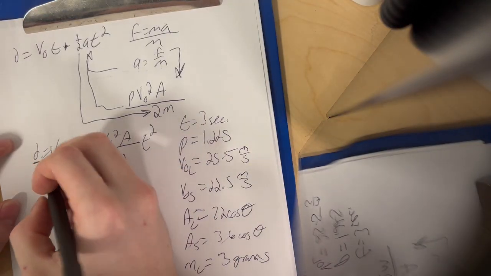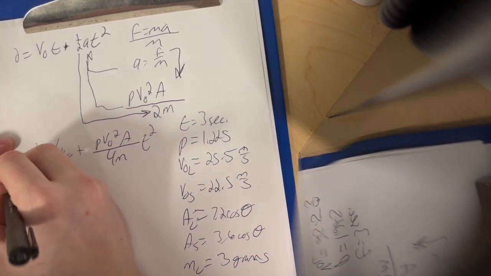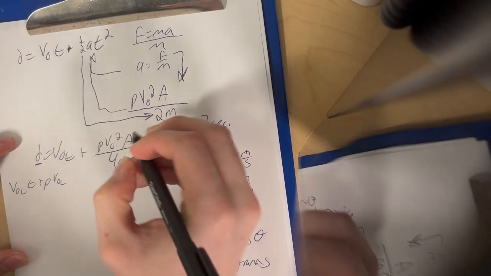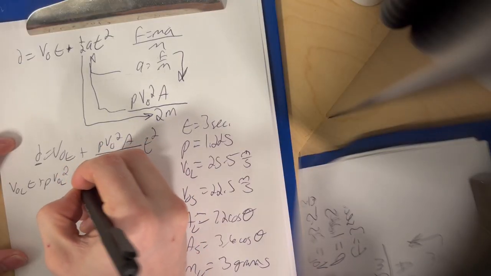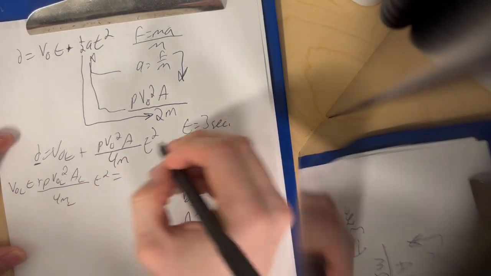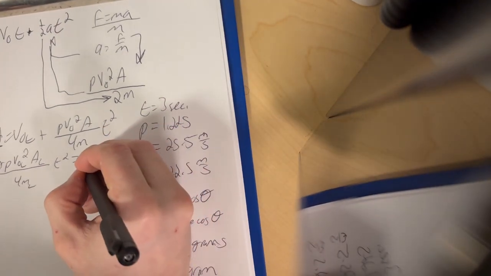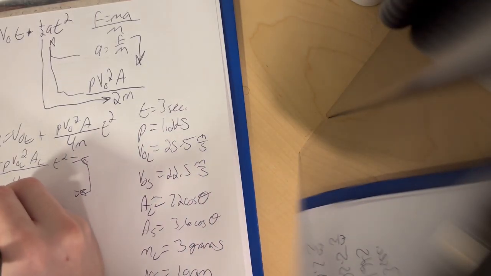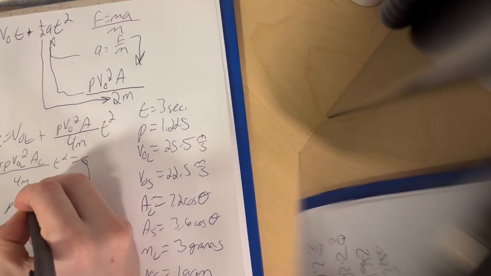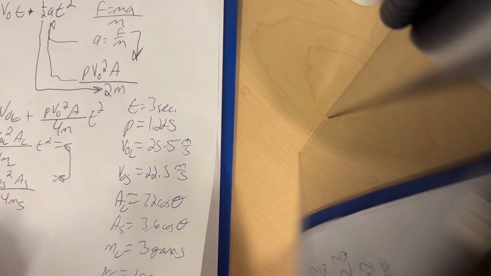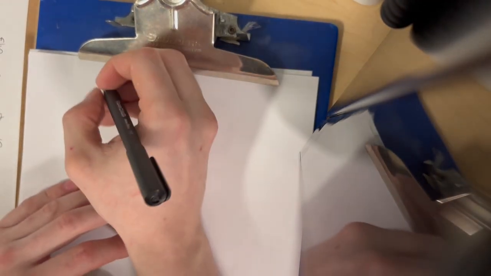So what we can do is we take v0L t plus rho v naught L squared AL over 4mL t squared equals, that's going to equal here, v naught S plus rho v naught S squared AS over 4mS. So now we can start plugging in our values. To do that, we will take our original equation.